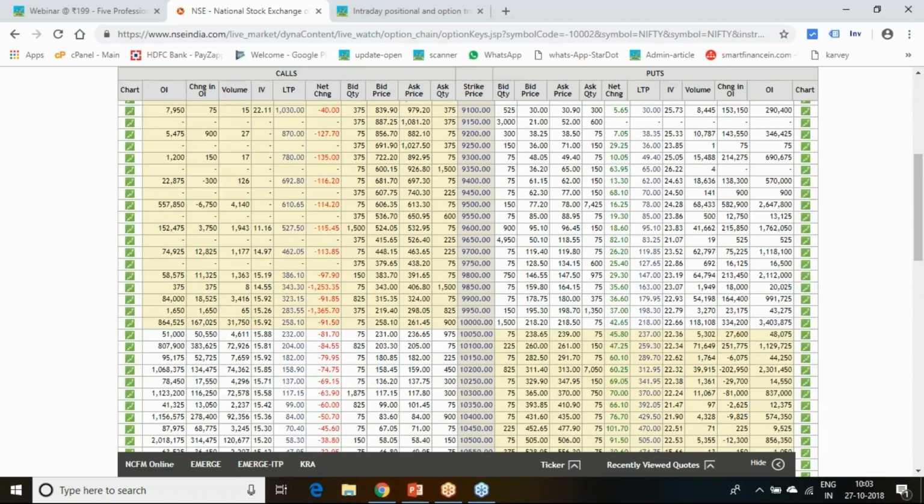So this is the meaning of open interest, but it has very little relevance to traders' trading terminology now, because traders' behavior has changed in the market.